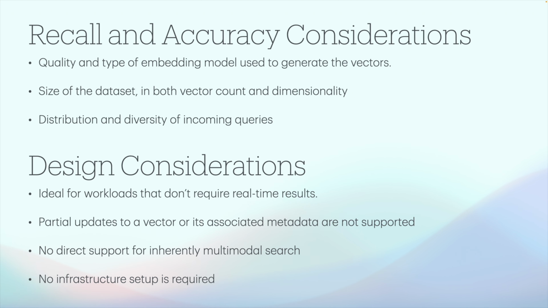There's also no built-in multimodal search. So if you want to combine text and image results, you will need to have your own approach on the client side, something like RRF that we saw in the hands-on part. And on the plus side, it is fully managed. So you can just start storing and querying vectors right away. No extra infrastructure is needed beforehand.